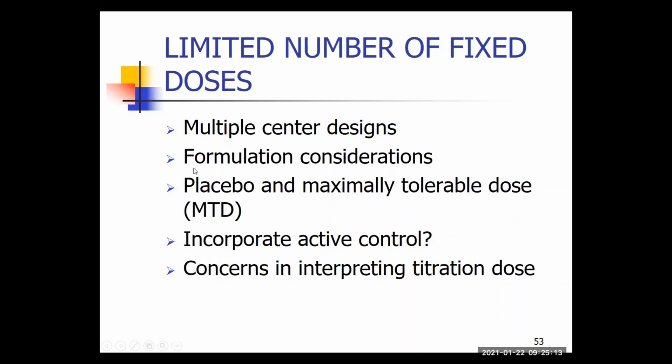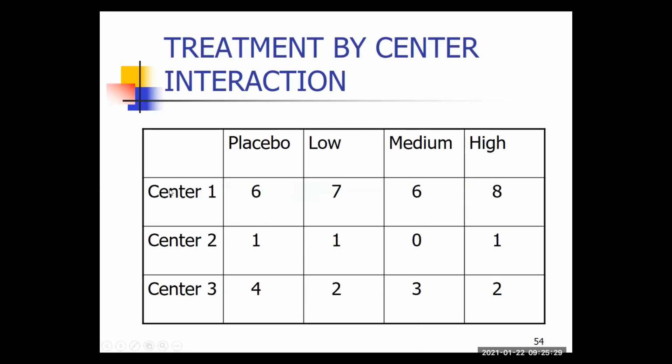So can we set up all possible doses? No way. There's no way we can set up all possible doses. We have only a limited number of fixed doses. So let's first look at the multi-center design. Here's a multi-center design. I got placebo, low, medium, high: 3 doses plus placebo. And I got different centers. Center 1 is a fast recruiter. By the time we complete the study, we have sufficient patients in it.